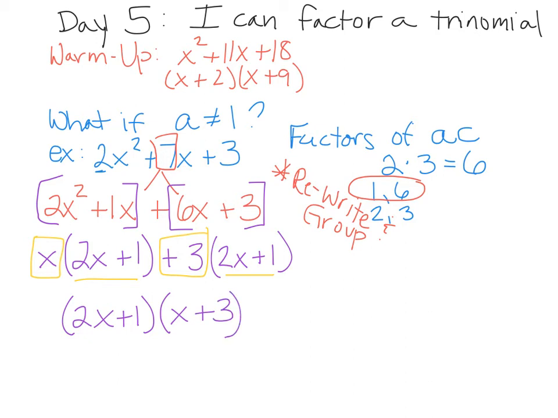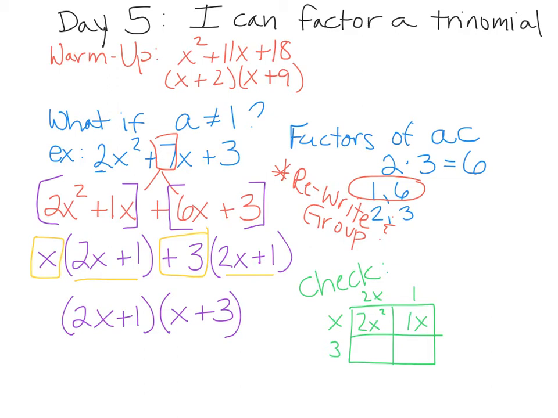Okay, a lot of work, but great news, you can check this. You can always check, you don't have to. Okay, so we get 2x squared, 1x, 6x, and 3.